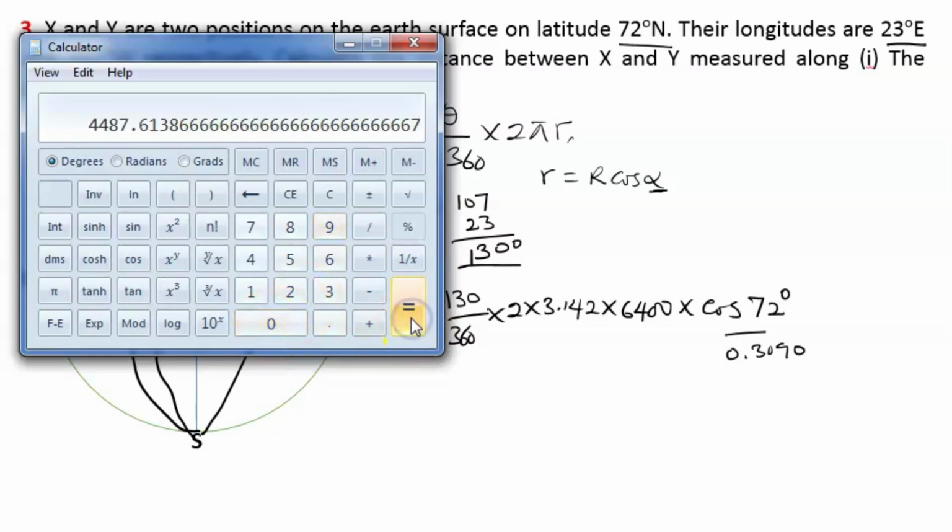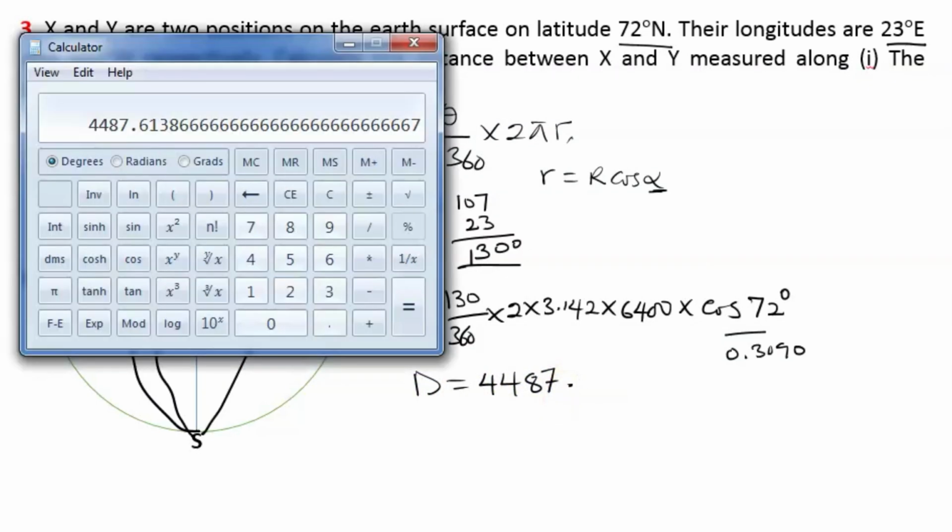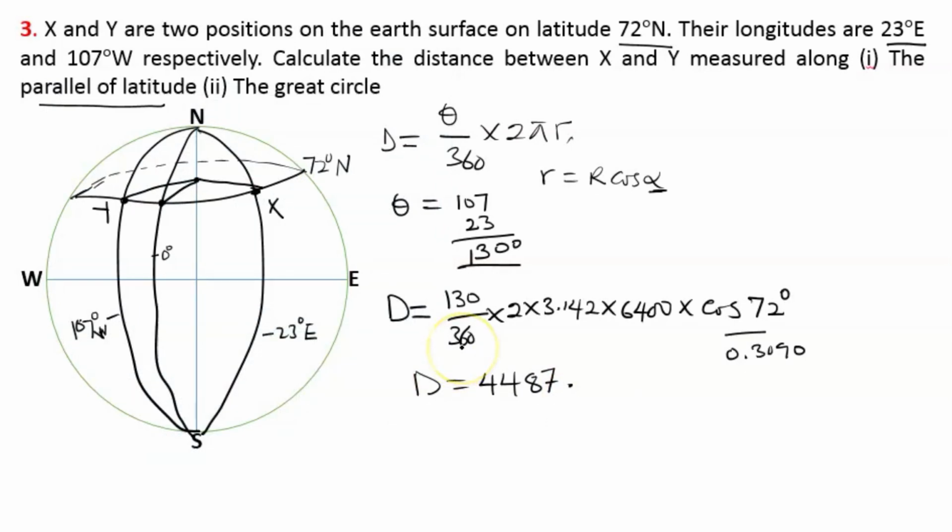It's going to give us 4487.61, so the distance is 4487.61 kilometers. So this is what we have for the first question, which is along the small circle.